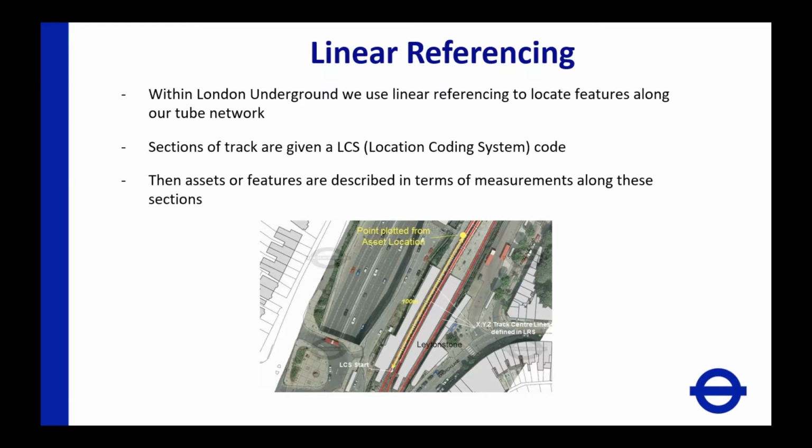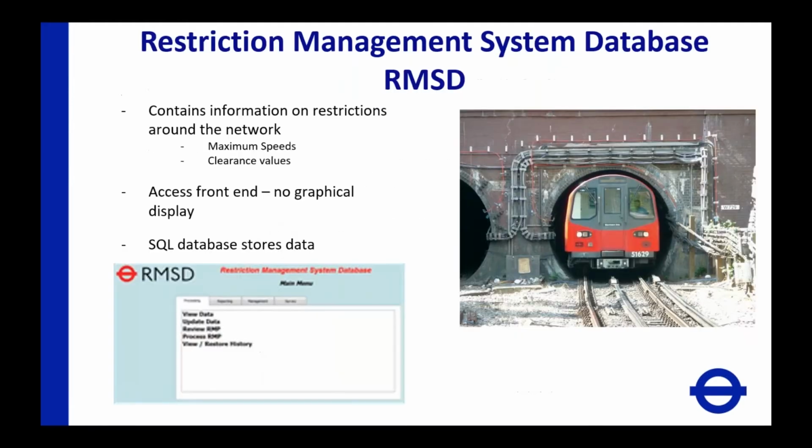So we use this to identify assets along the track, but something else that we also use it for is to identify where we've got restrictions on the network. The kind of restrictions I'm talking about are, if you think about the underground part of our network, it's a very restricted environment. As you can see in the picture, the way the trains fit in the tunnel, there's really not a lot of movement, there's not a lot of space down there.